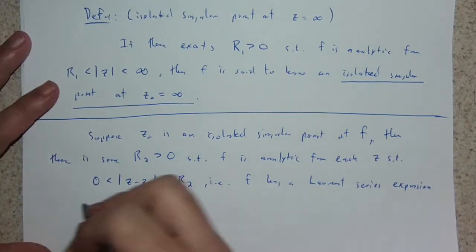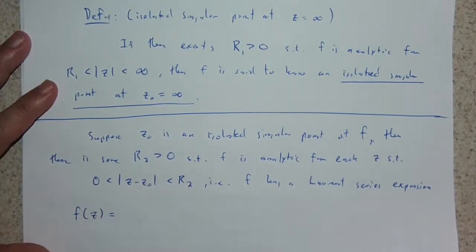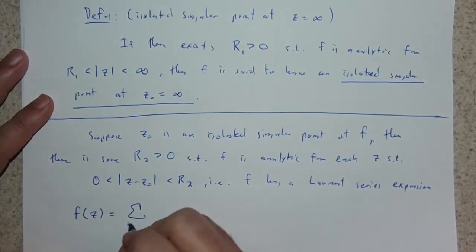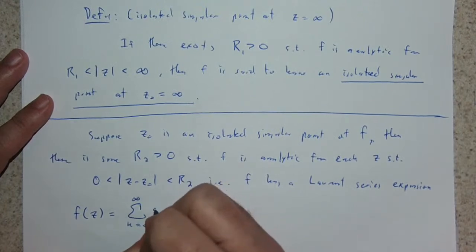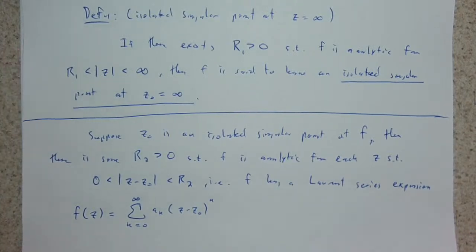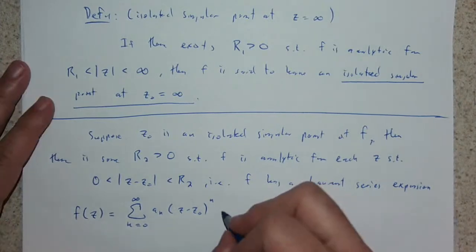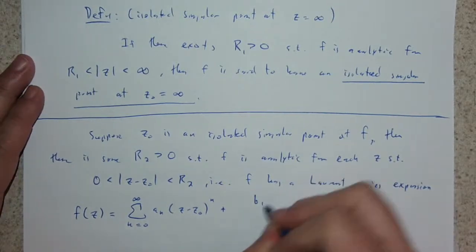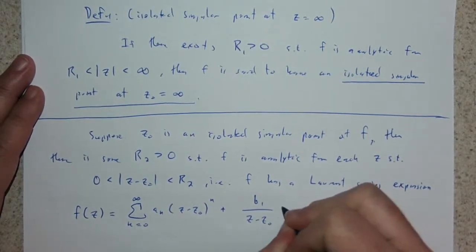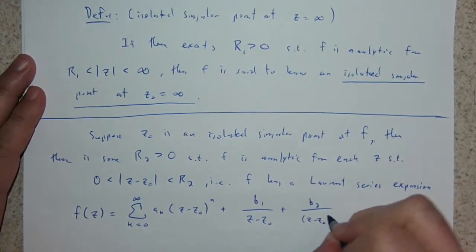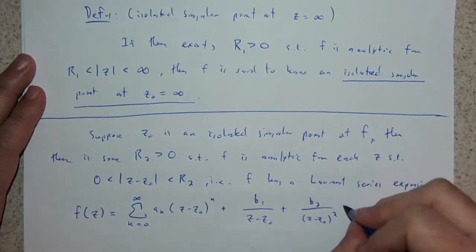f has a Laurent series expansion. So remember, the Laurent series expansion for f has the positive power part, so the actual power series part, a sub n times z minus z naught to the n, plus the bit that contains the negative powers, which is b sub 1 over z minus z naught plus b sub 2 over z minus z naught squared, and so on. Right?